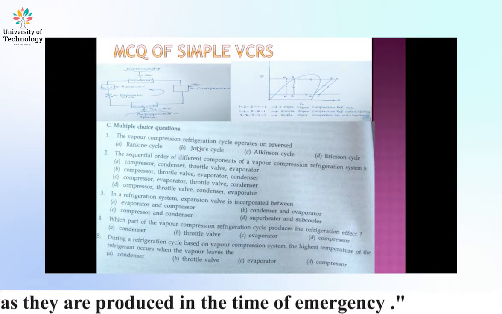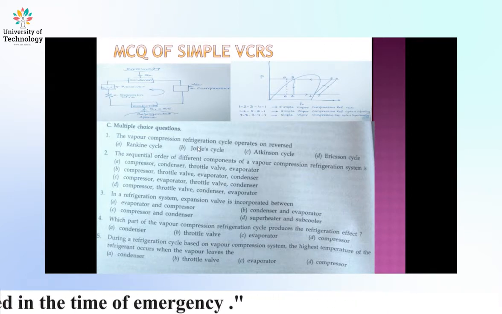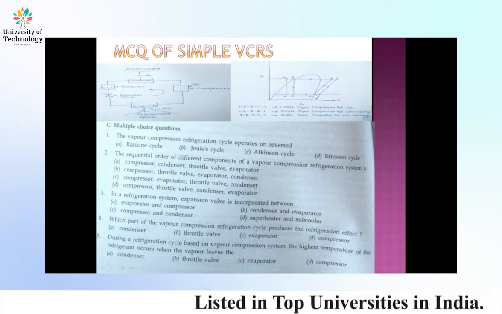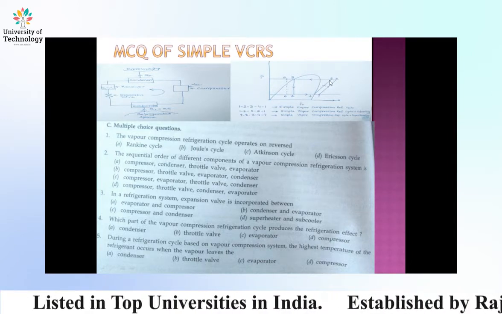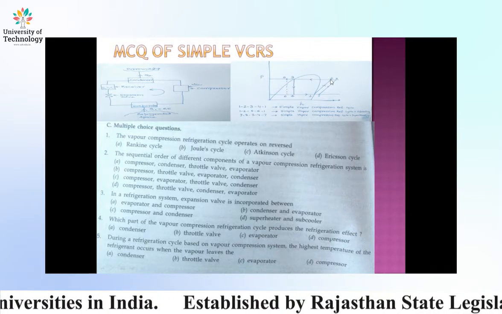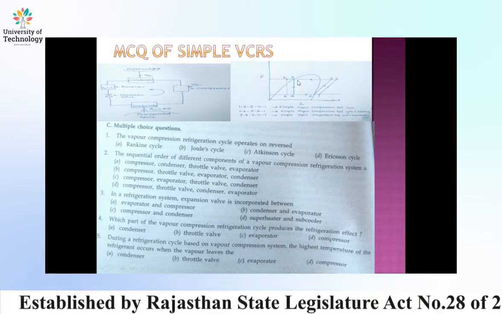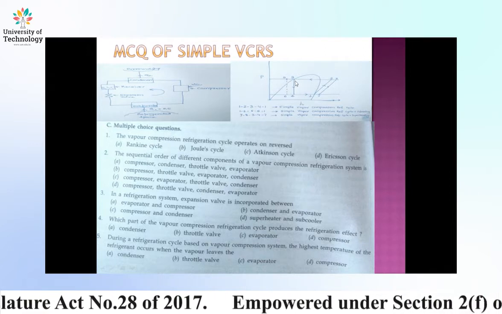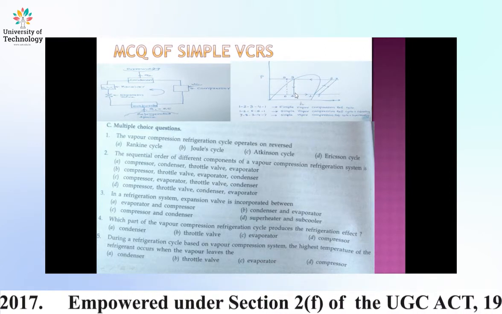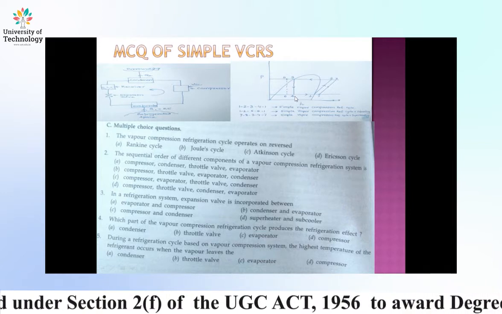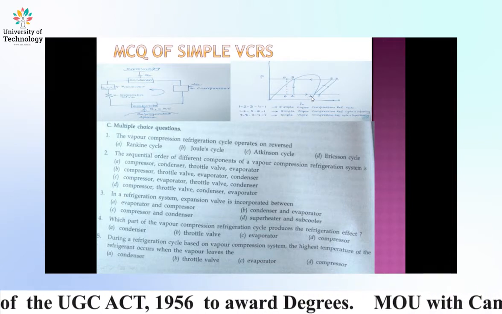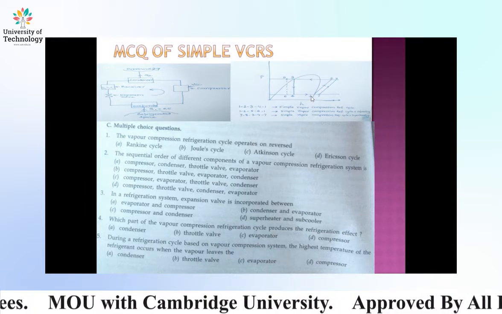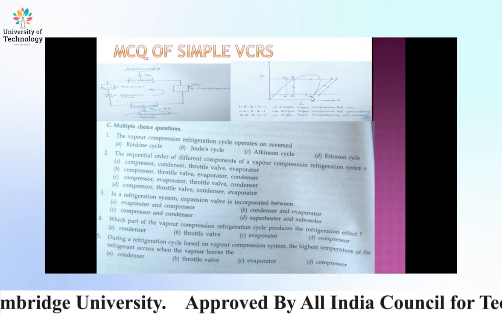As we know, in the simple vapor compression refrigeration cycle, there are four processes. 1 to 2 is a reversible adiabatic compression. 2 to 3 is an isobaric heat rejection process. 3 to 4 is an isoenthalpic process. 4 to 1 is an isobaric process during which heat is extracted from the surrounding.